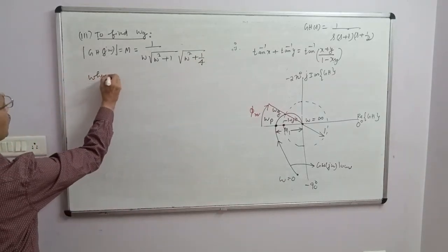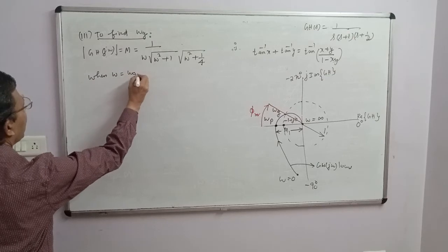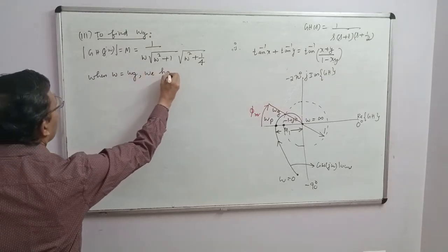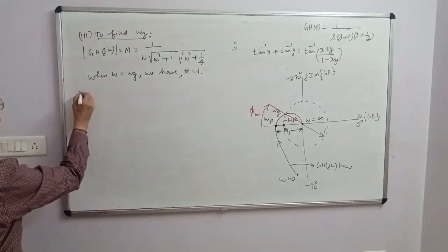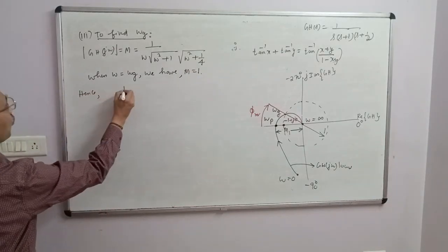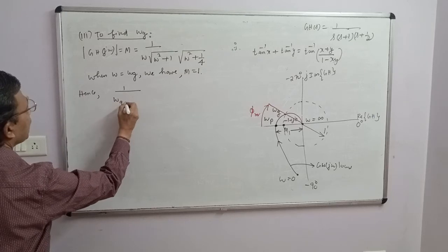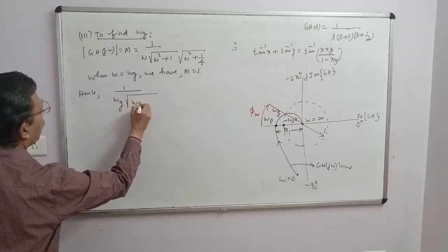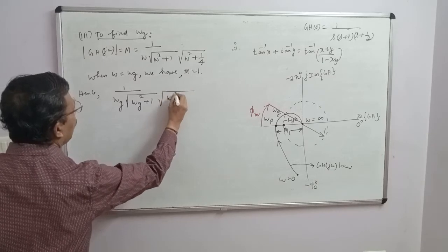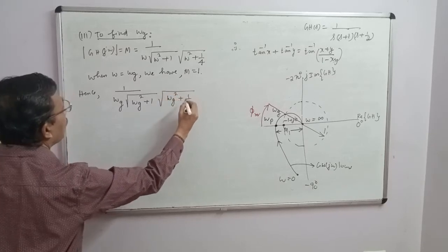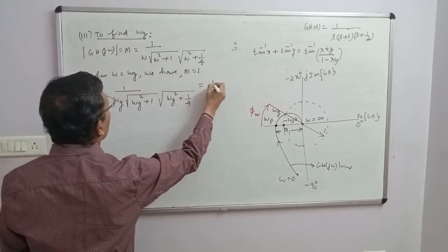When omega equals omega g, we have m equal to 1. Hence 1 over omega g into square root of omega g square plus 1 into square root of omega g square plus 1 by 4 is equal to 1.